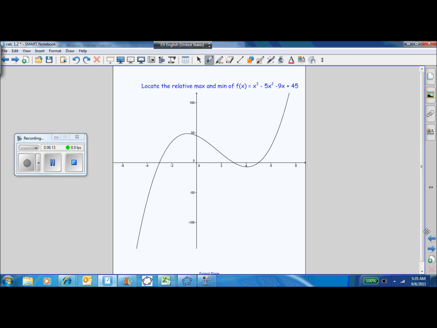So let's look at the same function we had before. Before we focused on the zeros here at -3, 3, and 5. But now we want to locate the relative max and mins. Now where these are exactly, that's kind of hard to tell. Your calculator can find them for you. Let's try and estimate them on the graph here.